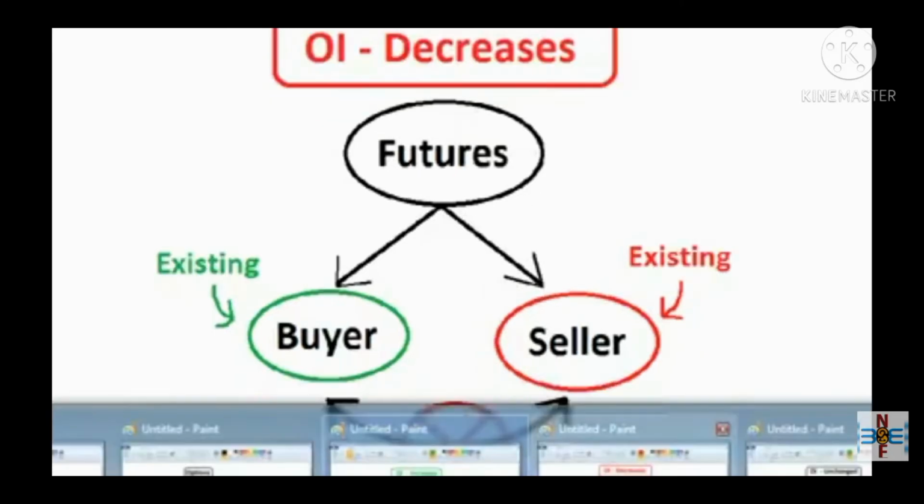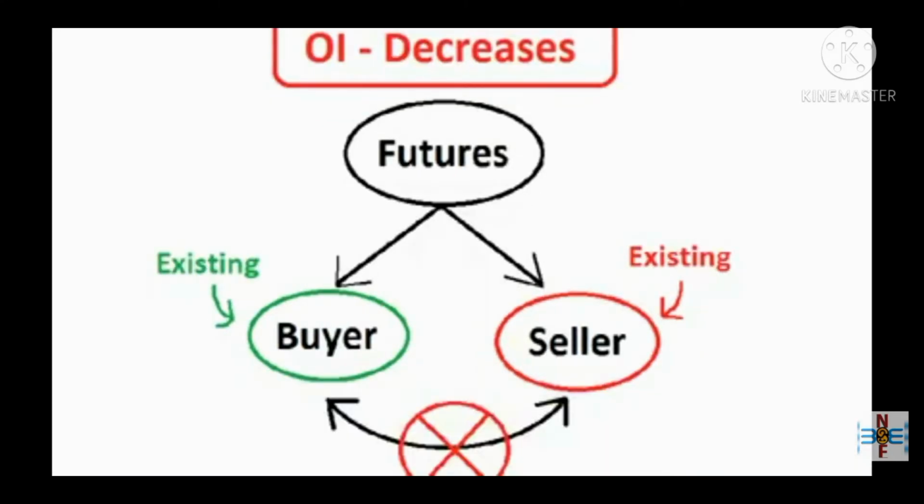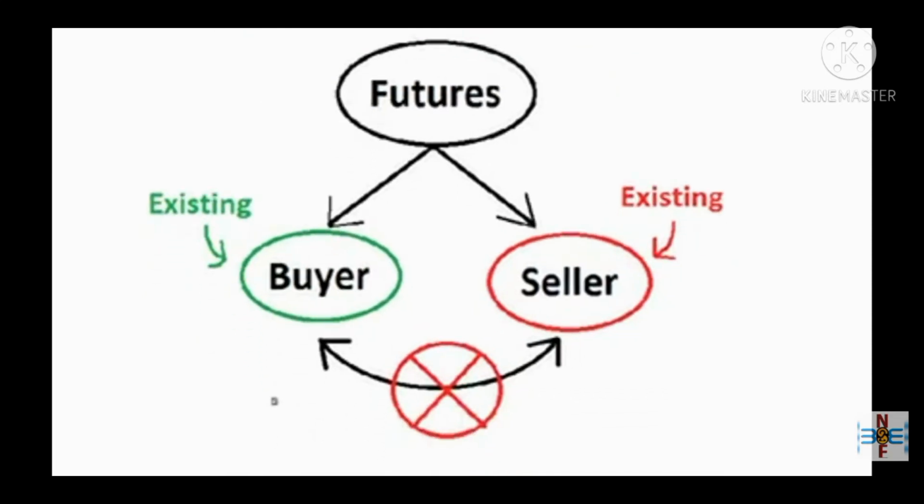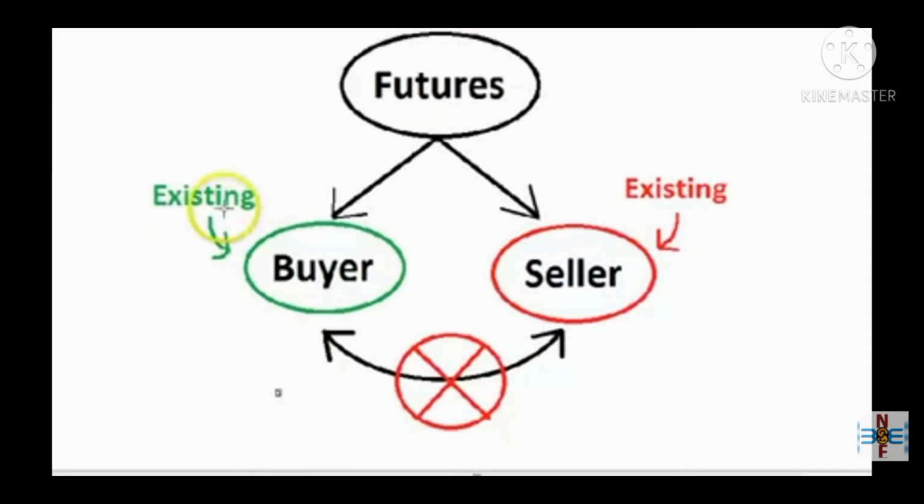So I'm taking the example of marriage here, and here is an example where the open interest decreases. In this case, there's an existing buyer and an existing seller, meaning they got married, the husband and wife, and now they decide to get divorced. They file for divorce, and their status goes from married to single.